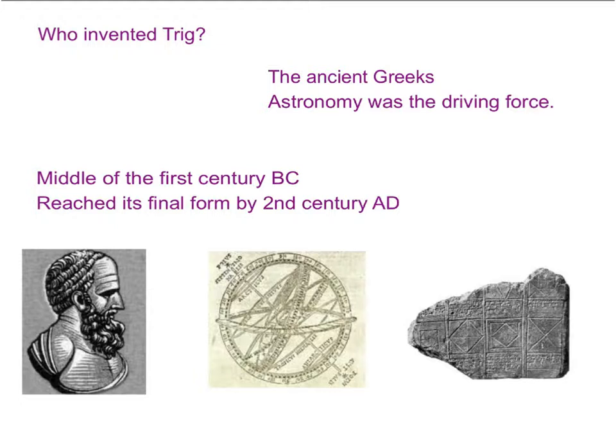You can see that the ancient Greeks had a very sophisticated, believe it or not, understanding of astronomy. And by the middle of the 1st century BC, we had several things. You can see the tablets here, stone tablets, and some of the other artifacts that survive from that time. So trig was developed all those years ago.